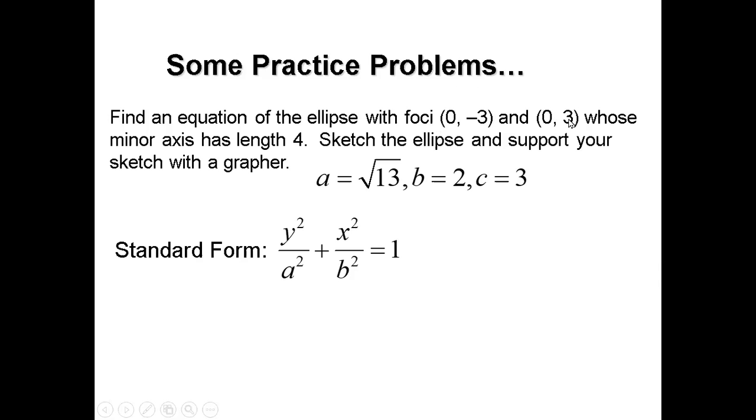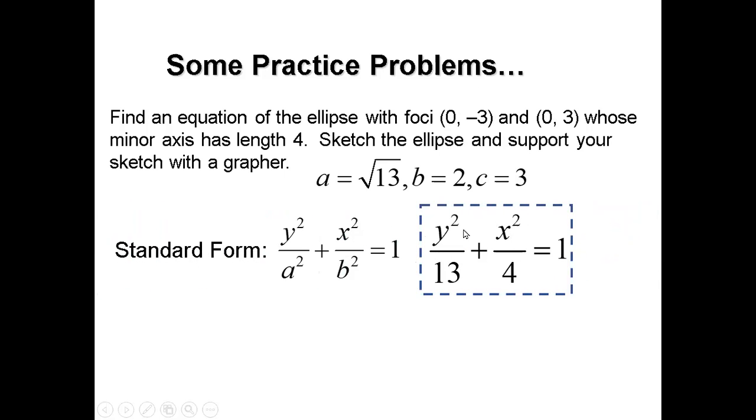Take note that the foci lie on the major axis. Therefore, we can determine that the graph is a vertical ellipse. So we have the standard equation y squared over 13 plus x squared over 4 is equal to 1.